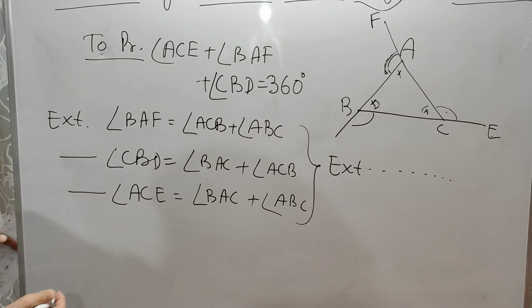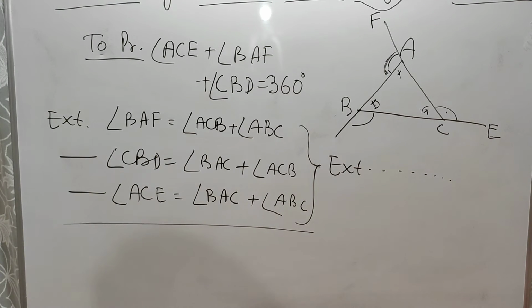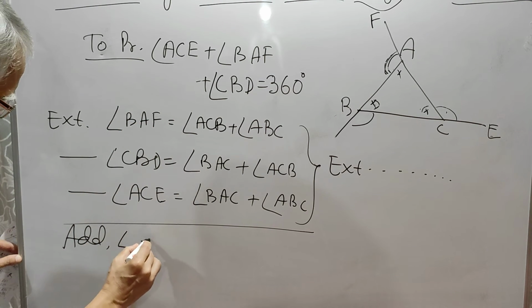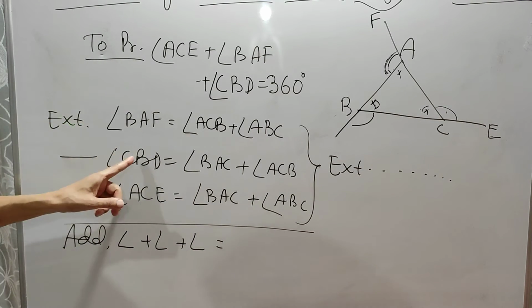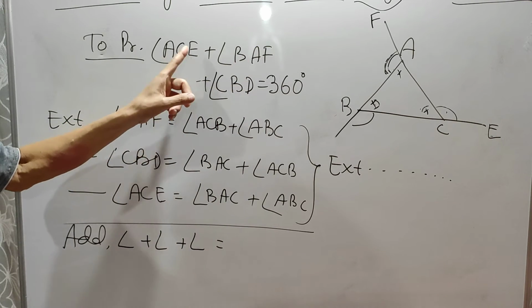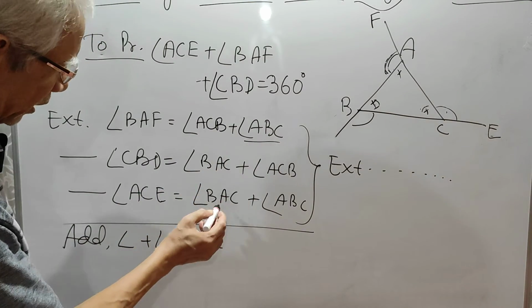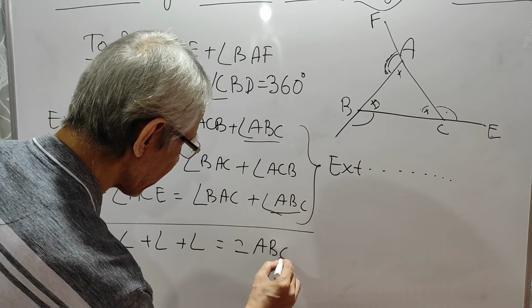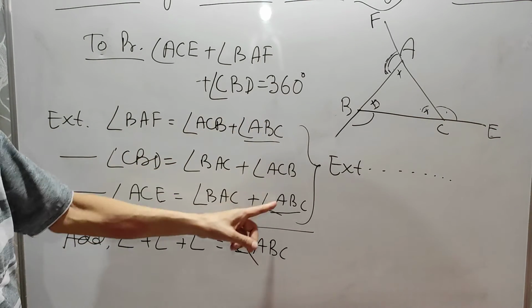Okay. All right. Now we have to show that the sum is 360. Now add. You can draw a line, add. So BAF plus CBD plus ACE. So what we get, you see, when you are adding, this equals the sum of these six angles.